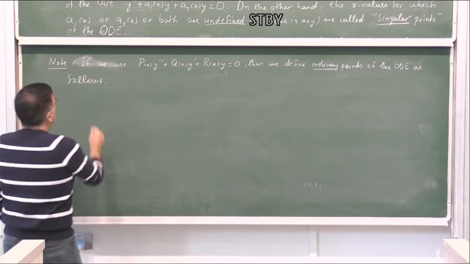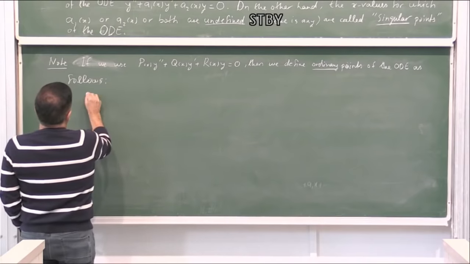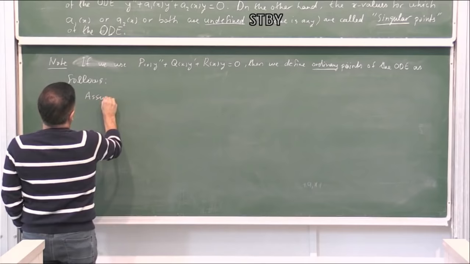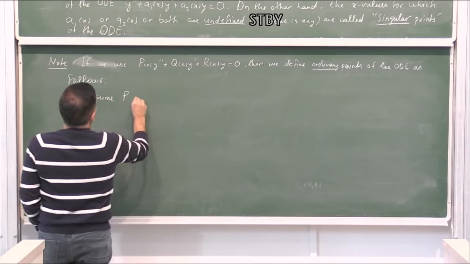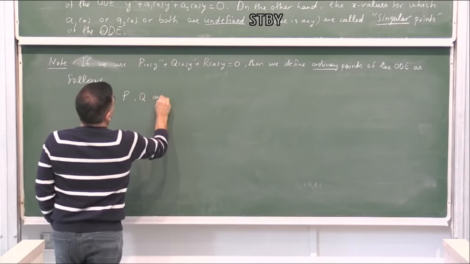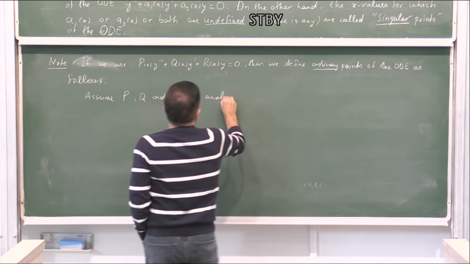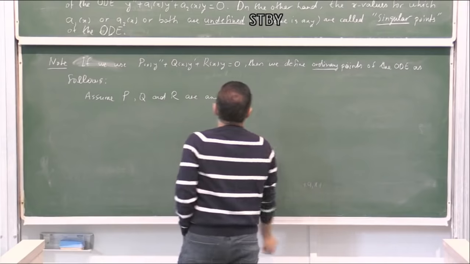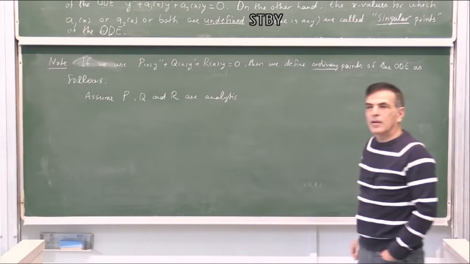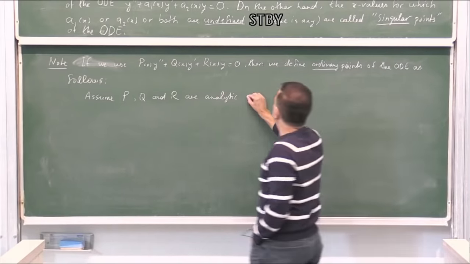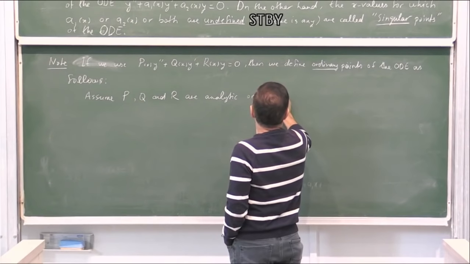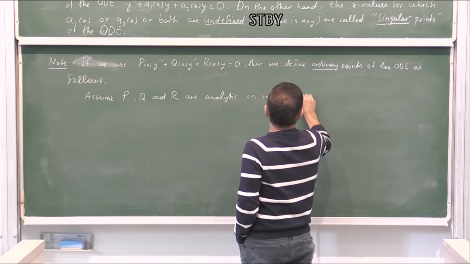Good. Look, assume P, Q, and R are analytic. Okay? On some x interval.